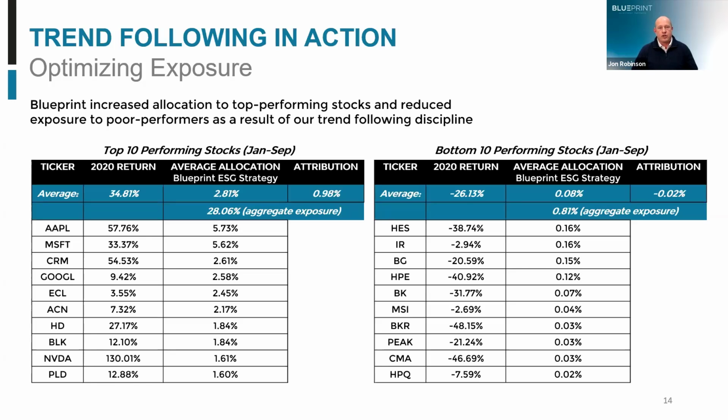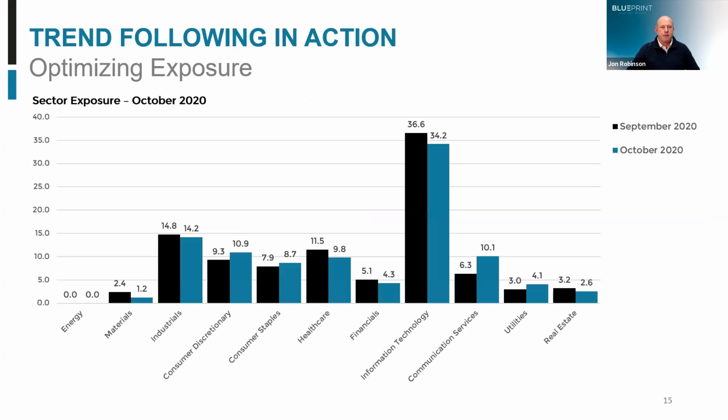And 2020 happens to be among the widest in terms of the difference between the better performers and the worst performers. And so this year is a great example of the power of the process in using trend following in order to dictate asset allocation decisions.